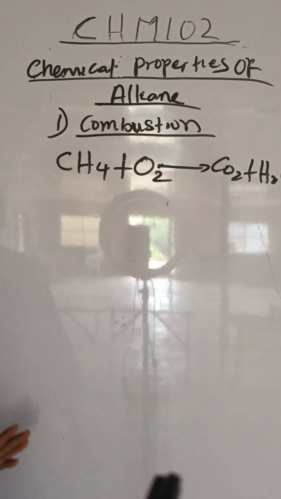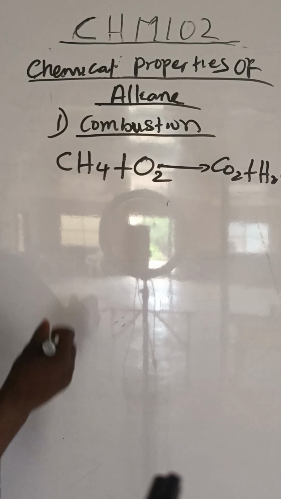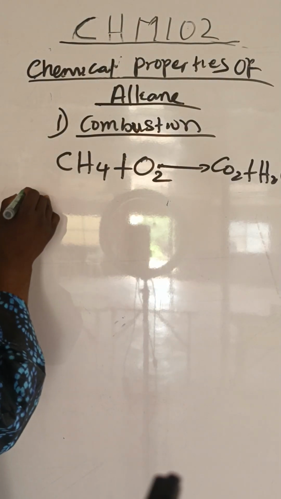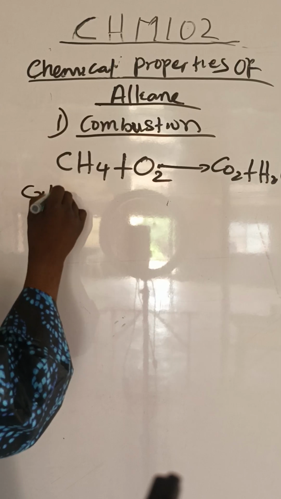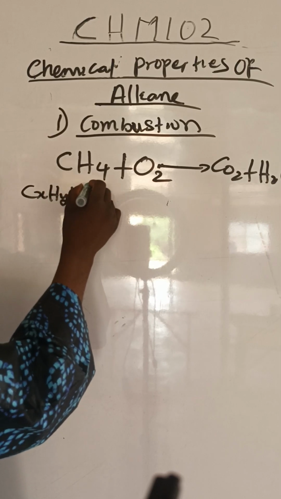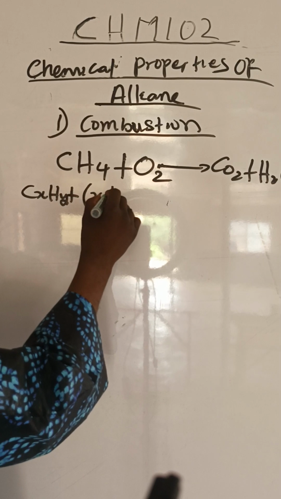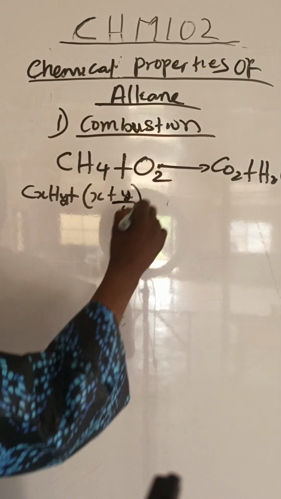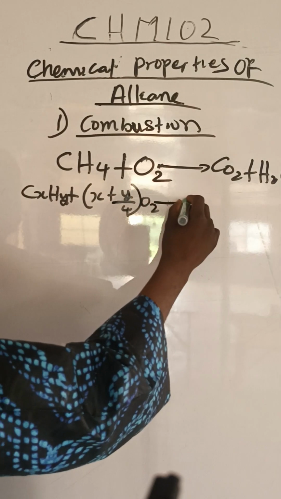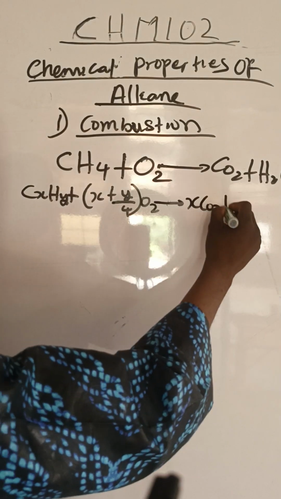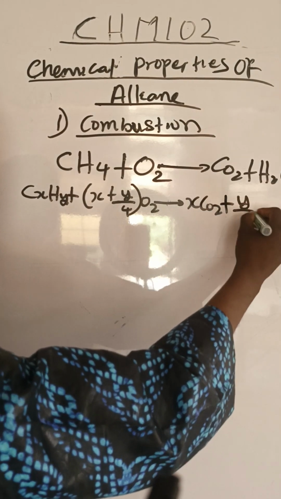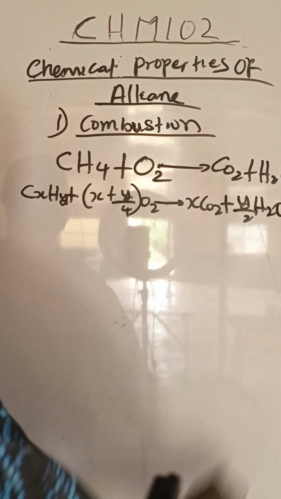Now, if we want to balance this particular reaction, we can use the eyesight method to balance it, or we consider the combustion formula. Now, let me write the combustion formula. Our combustion formula is CxHy plus open bracket x plus y over 4 O2 to give xCO2 plus y over 2 H2O.